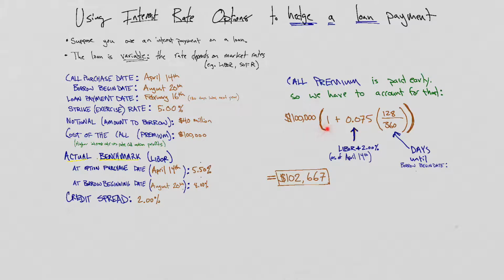Then we discount that $100,000 by that 128-day period at this annual interest rate of 7.5%. And so the effective cost is $102,667. Effective cost for the call premium.